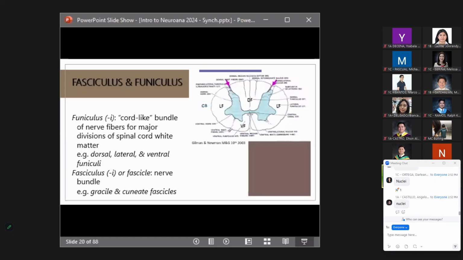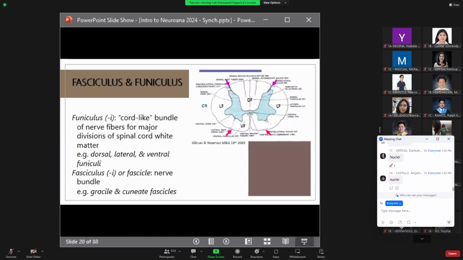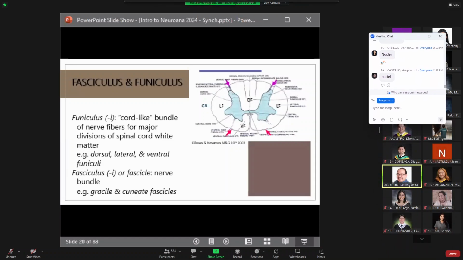So that's the sulcus. Now, the ventrolateral or anterolateral sulcus, which is here in magenta, that's the one in this plane.